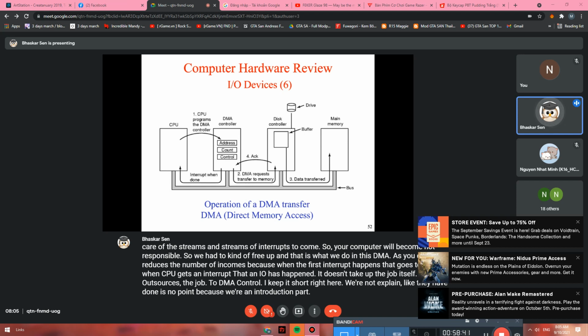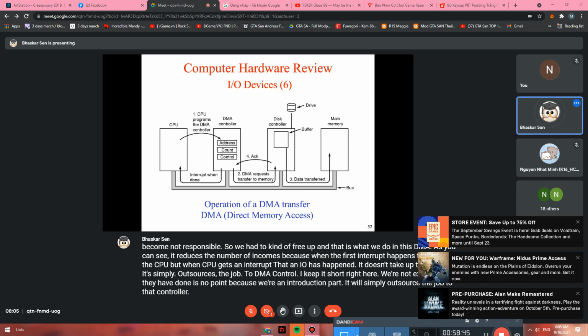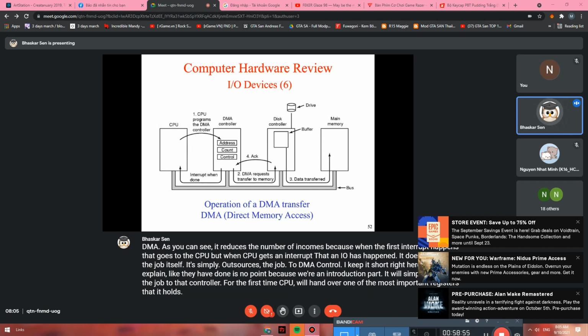For the first time, the CPU will hand over one of the most important registers that it holds, the memory register, to the DMA.